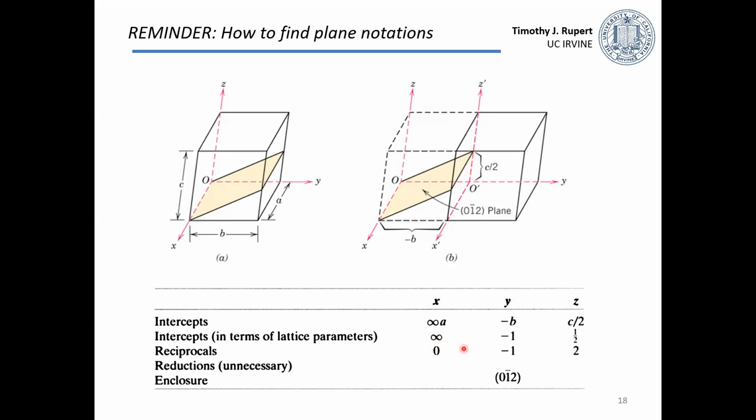I could take that and do the reciprocals. So I end up with 0, -1, 2. So I have a 0, 1 bar, 2 plane. Okay. This isn't really so much a trick as it is just recognizing what we're doing here. We're trying to describe a plane in reference to this unit cell. But remember, the unit cells are sort of repeated all through space.